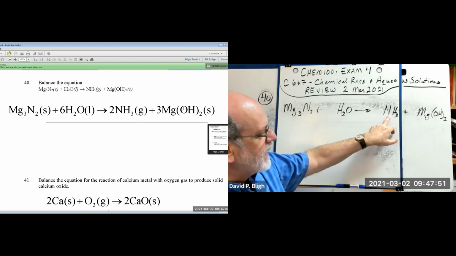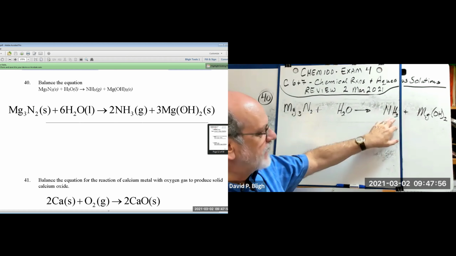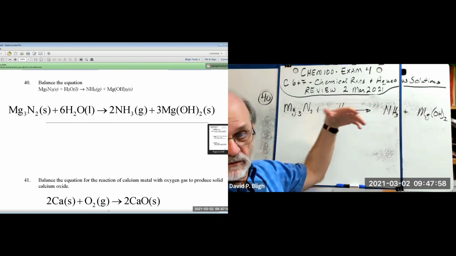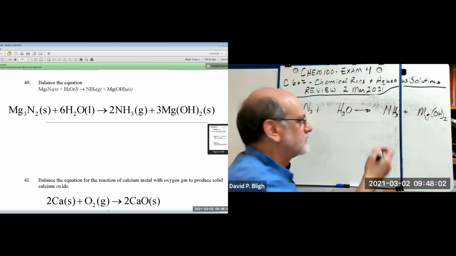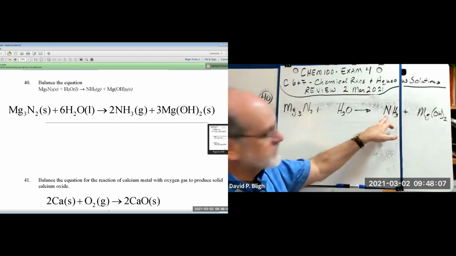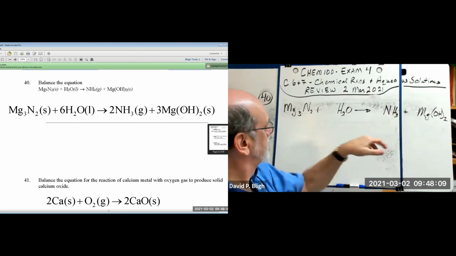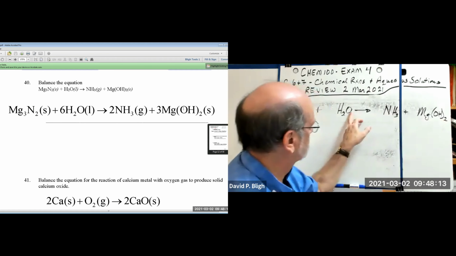And it's written to the right just out of convention. I know it's to the left of nitrogen, and you would normally put hydrogen first, but in this case, it's always written second. And here nitrogen is -3. Hydrogen is +1, +1, -2, -2.